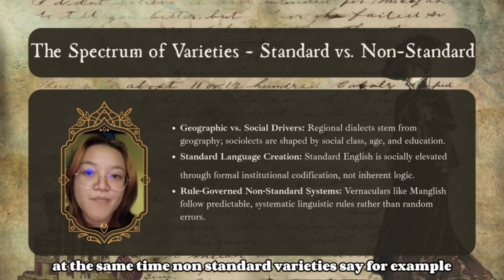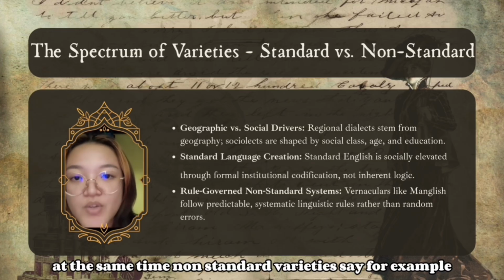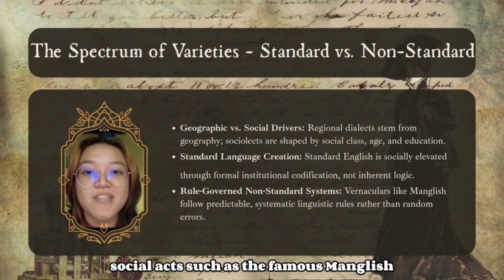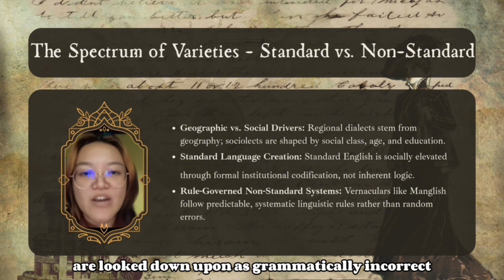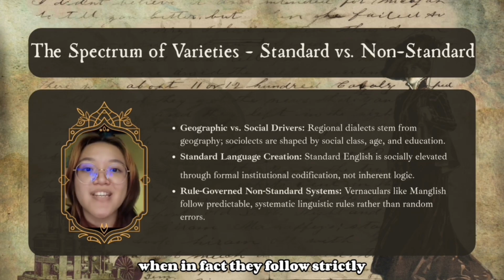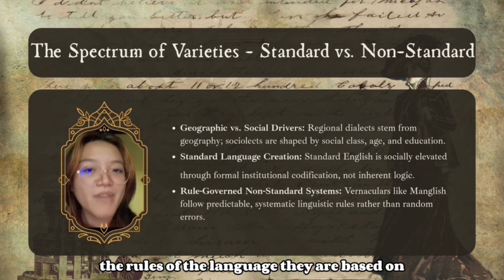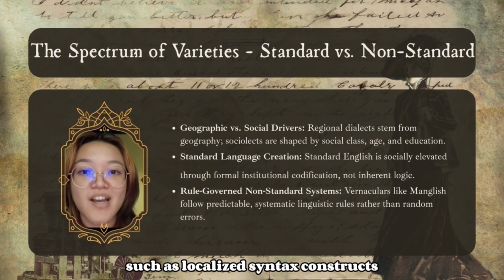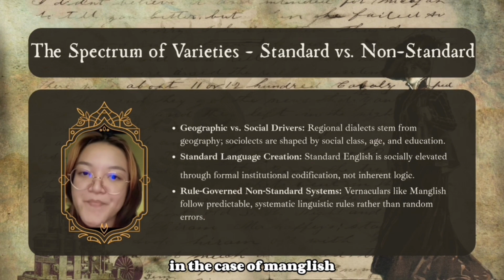At the same time, non-standard varieties, say for example, sociolects such as the famous Manglish, are looked down upon as grammatically incorrect, when in fact they follow strictly the rules of the language they are based on, such as localized syntax constructs in the case of Manglish.